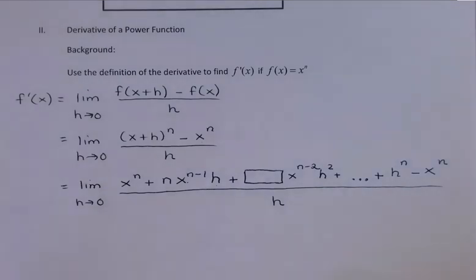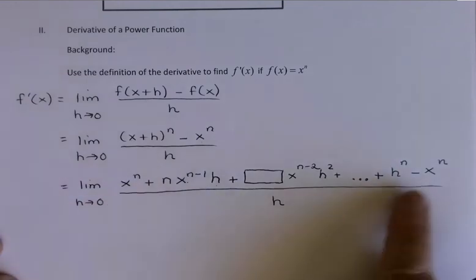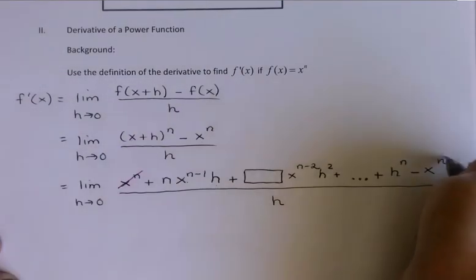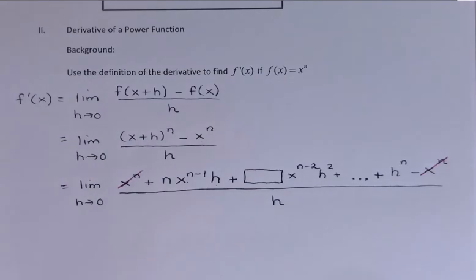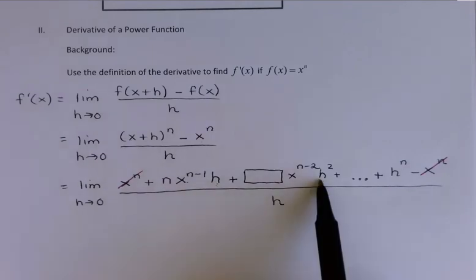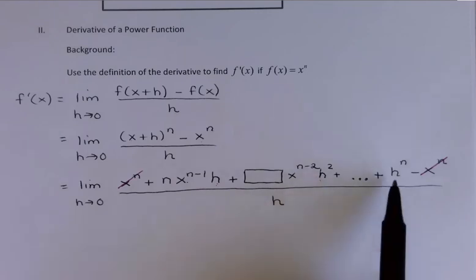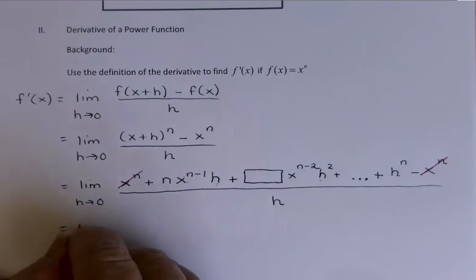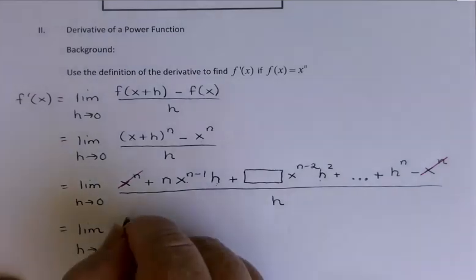All right, we did all of that to get two things to happen. x to the n power minus x to the n power gives me 0. I can get rid of those. And then notice that all of the remaining terms have an h in them. h squared, it would go up to h cubed and h to the fourth, etc., all the way to h to the n at the end. So I'm going to go ahead and factor out that power of h as I go.